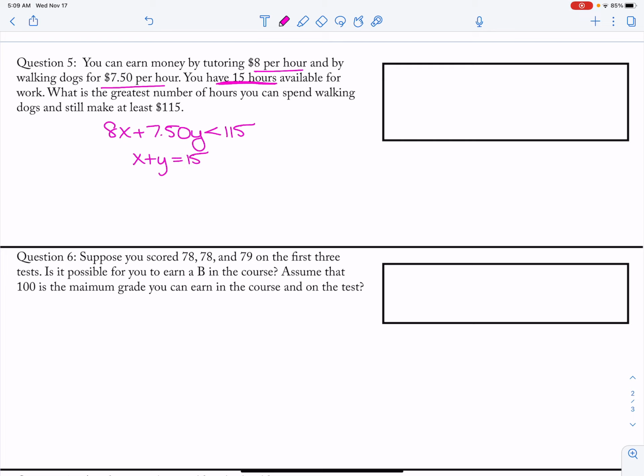So because it's weird with this inequality, I'm going to use substitution. So y is equal to 15 minus x. And I'm going to plug this in for this y here. So 8x plus 7.5 times 15 minus x is less than 115.